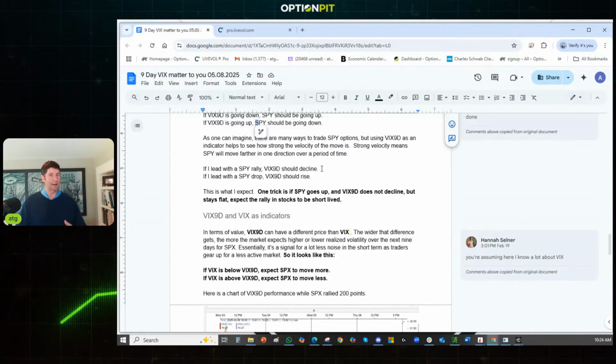If it's not, I don't think the rally is going to last in SPY. If I lead with the VIX drop, meaning VIX drops sharply, your VIX 9-day should rise. That is what you expect. So again, a trick is if SPY goes up and the 9-day VIX does not decline, even stays flat, I don't expect the rally to last, or I'm going to set up with a kind of short lean strangle or something like that against a position.